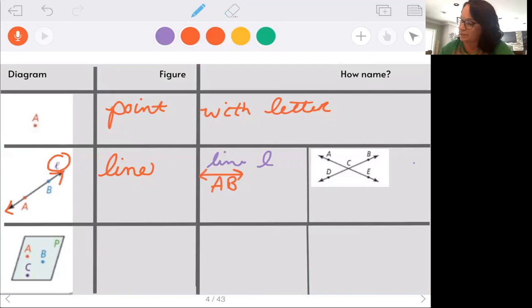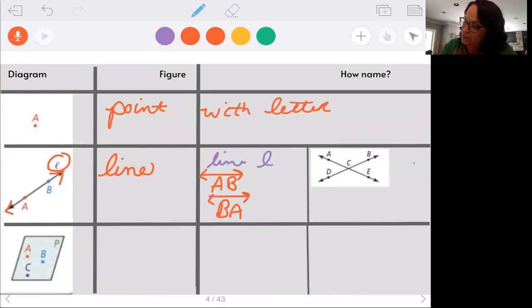If you just put this over, it's entirely different. So you have to make sure you put that line symbol over the top or you will get deducted. But you can pick any 2 points in any order when you name a line. So line AB is the same as line BA. Neither one is measurable, so we can't talk about how long it is.